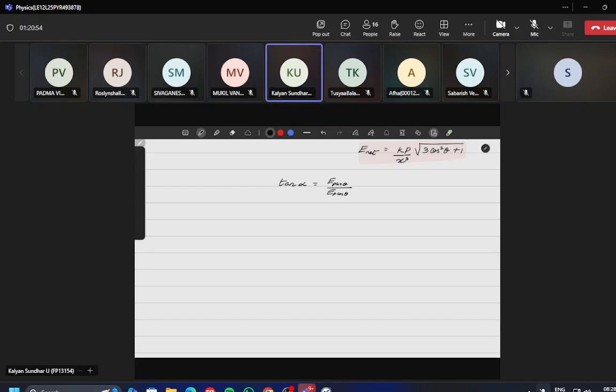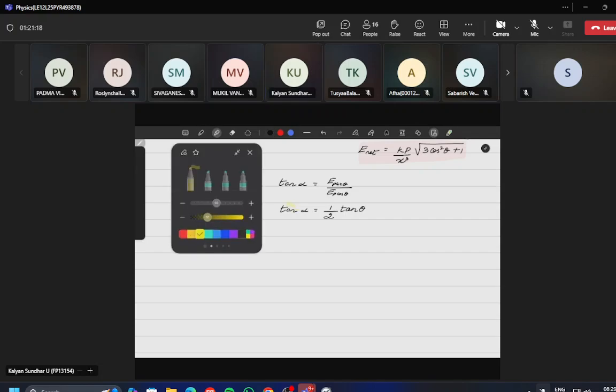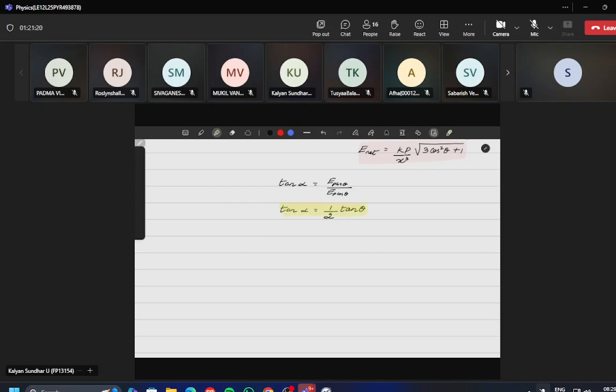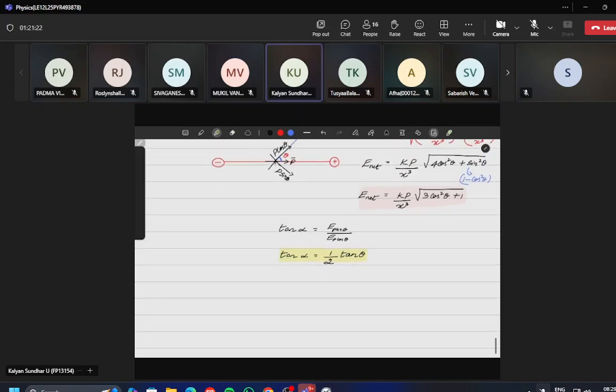For sin theta, what do we get? kp sin theta by x cube, and for the one below, 2kp cos theta by x cube. The x cube gets cancelled. So tan alpha will be equal to 1 by 2 times sin theta by cos theta, which becomes tan theta. So this is the direction of E net which it makes.